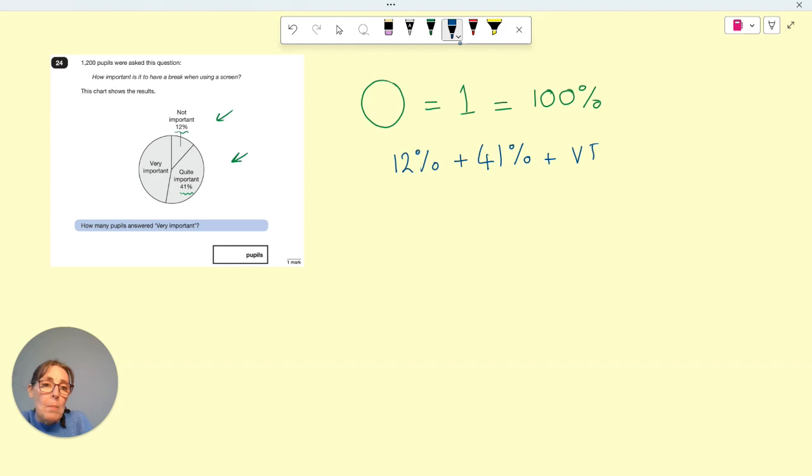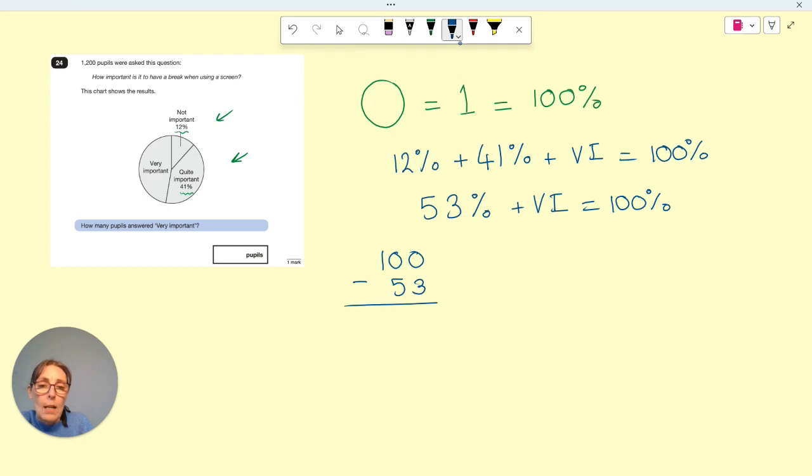And we've been given a very important, but we don't know what that is, that equals 100%. It's got to equal the whole thing. So 41 add 10 is 51. Add 2, 52, 53% plus the very important equals 100%. Okay, so I'm going to find the difference between 100 and 53, and hopefully you're yelling at the screen to tell me what to do, that you know what it is.